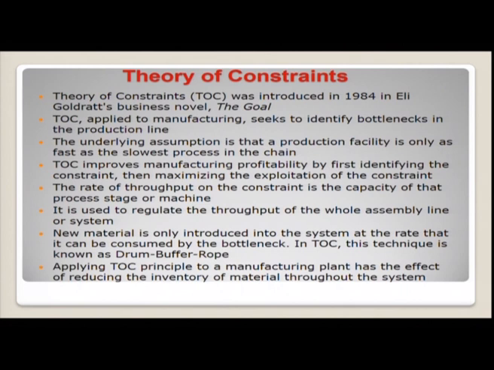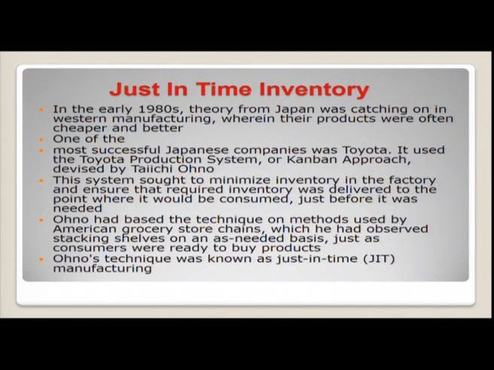Now, let us see the second theory, JIT inventory, which is nothing but just in time inventory. In the early 1980s, this theory from Japan was catching on in Western manufacturing. What does it mean? It concerns the product manufacturing taking place in the Western countries.